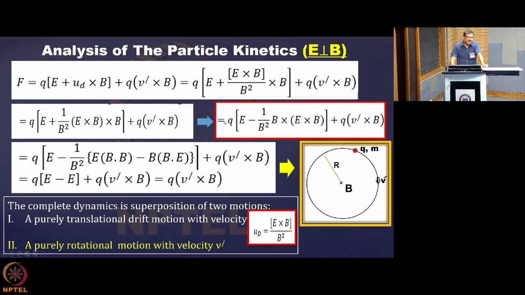If you remember correctly, I am sure some of you already remember that it is not in this form. You have to take it into this form, so you need to put a minus sign, take this B on this side, and write it as B cross E cross B.